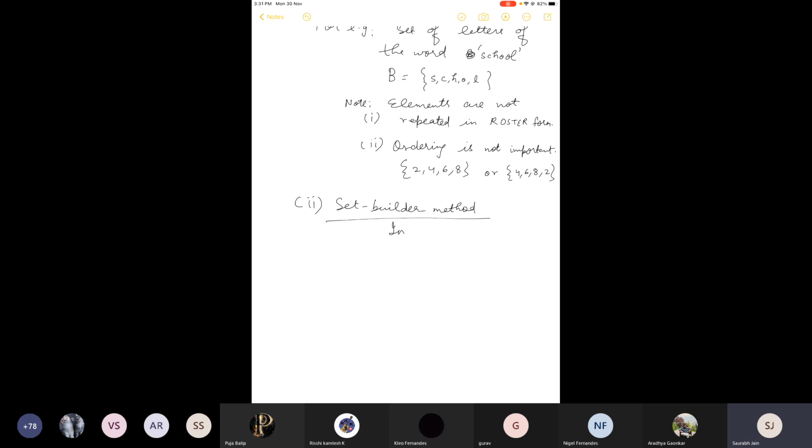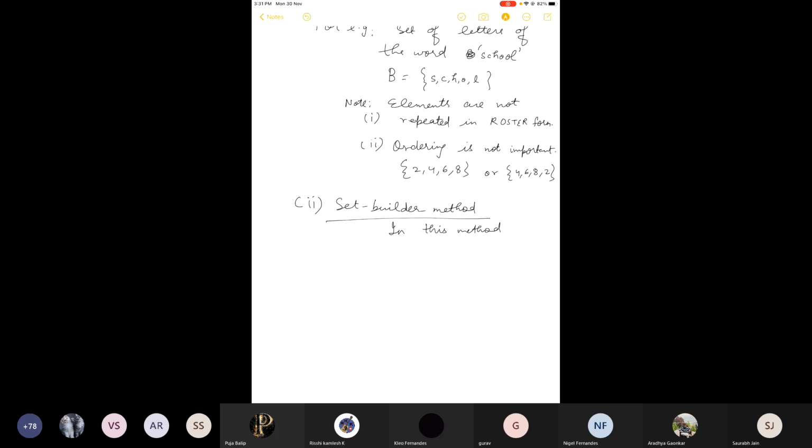Instead of writing these objects separated by commas, we are going to use another method where we actually do not write the objects. We represent them with the help of a common property that they possess.